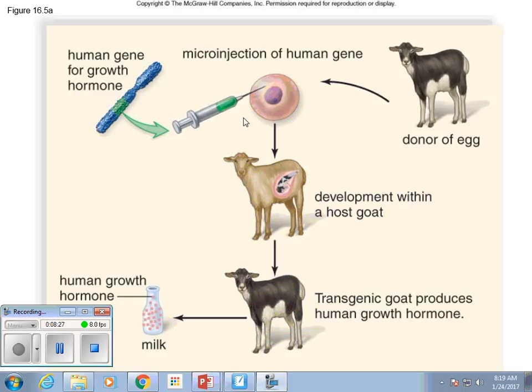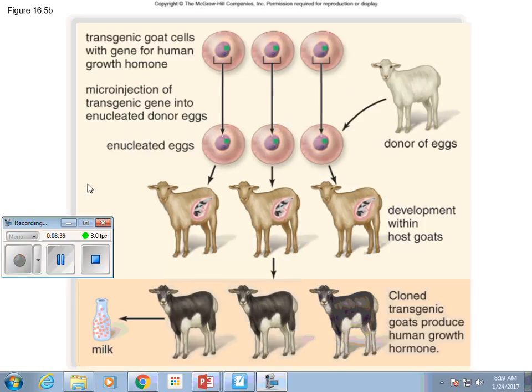So we have found a way to create an actual organism that will literally give us what we need in its milk. We could take this even a step further, and once we have some goats that make this human growth hormone milk, which by the way is needed for many different people whose bodies don't make growth hormone, if they can drink this milk, then they get the hormone.